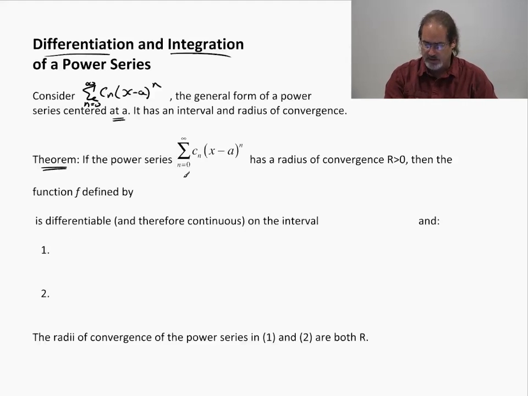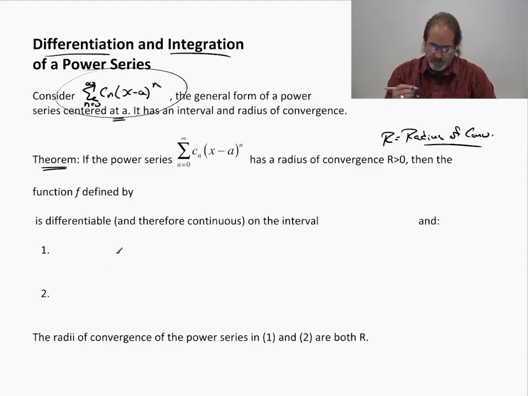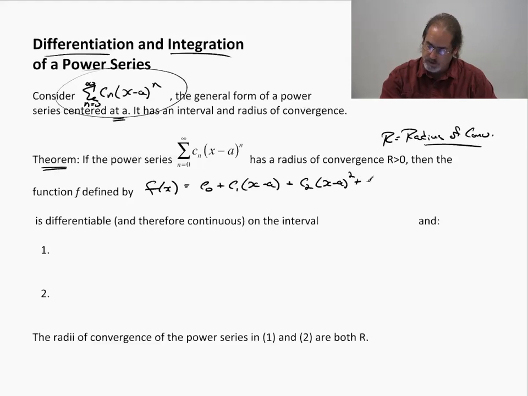Now, if this power series, the same power series I'm talking about up here, this general form of the power series, has a radius of convergence such that the radius is greater than 0, so right now I'm looking at r, that's representing our radius of convergence, then the function f defined by f of x equals c0 plus c1 times x minus a plus c2 times x minus a squared plus so forth, out to infinity, is differentiable and therefore continuous on the interval.